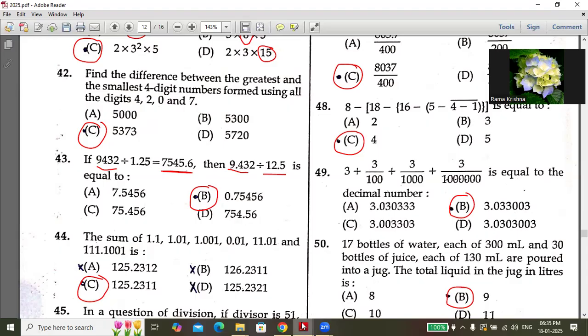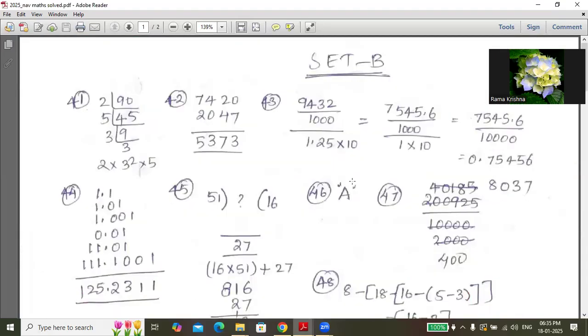So whatever I explained, you can see here. First, this number I have divided by 1,000 so that it becomes the same as what is asked in the question. So that will be 9.432. Similarly, 1.25 into 10 will result in 12.5.